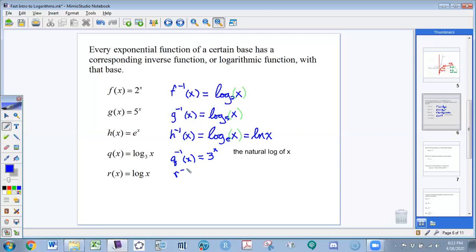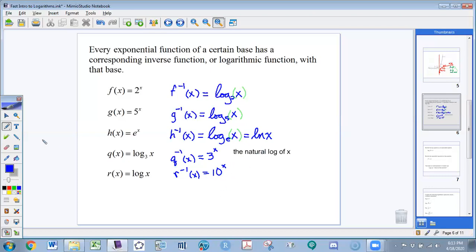Well, it turns out that for science, the base that makes the most sense to work with is base 10. In order to be efficient, because that's pretty much the only base that science would use, they decided to not have to write the base every time, but it means base 10.